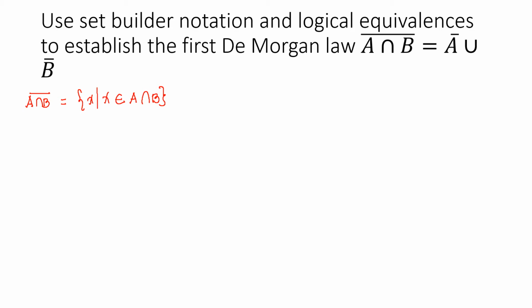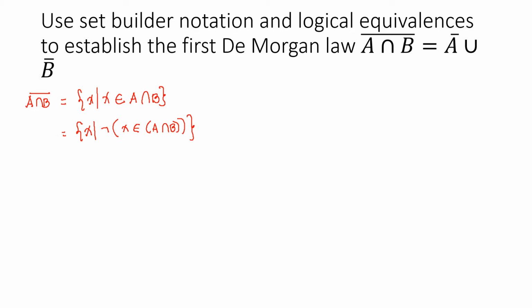Now, if that is the case, then you could have the set which contains X such that it is not that X is an element of A union B. That is the definition of the does not belong symbol. Okay, we all know that.